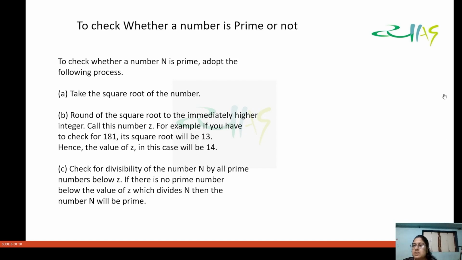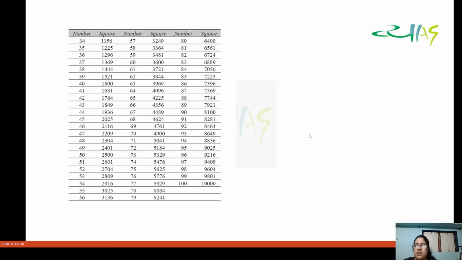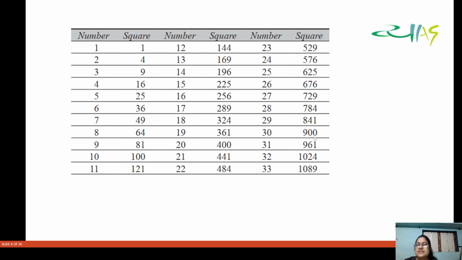See, now the question came about square roots. So I said I know the squares of 13 and 14. But I would advise you to learn the squares of at least the first 33 numbers. So it is not very difficult. I think everyone must be familiar with the squares up to 15.